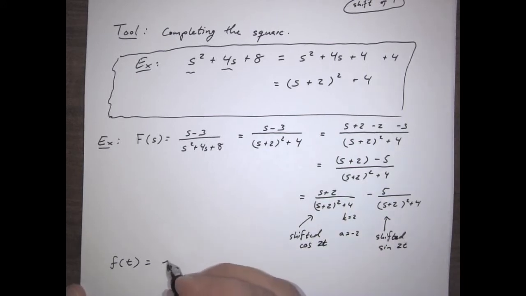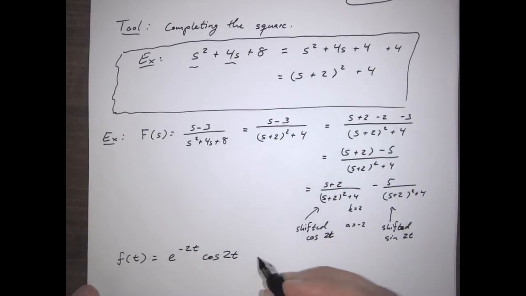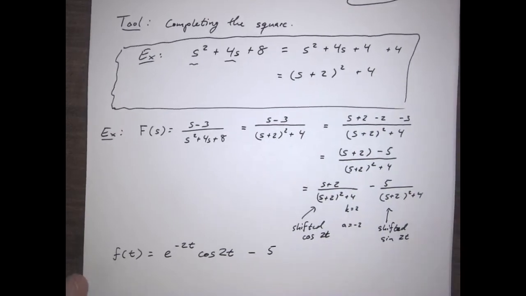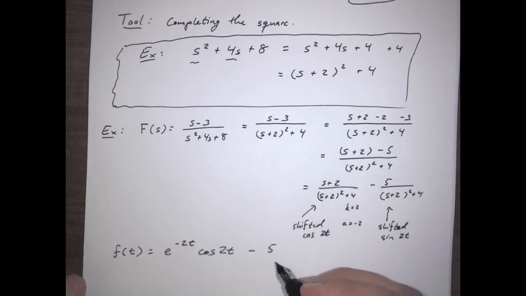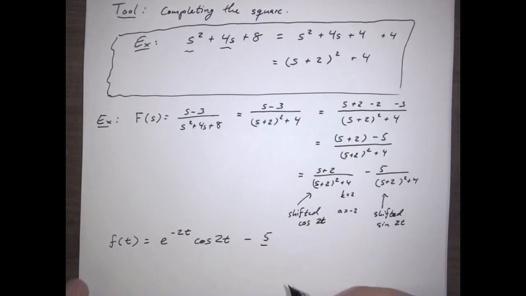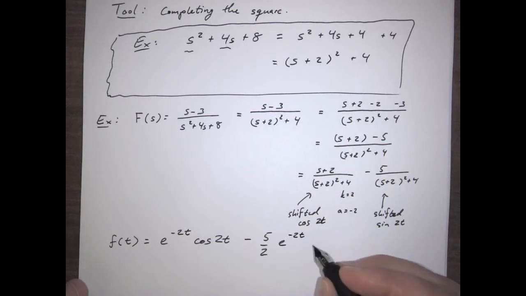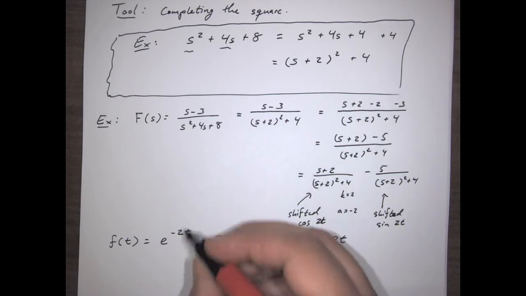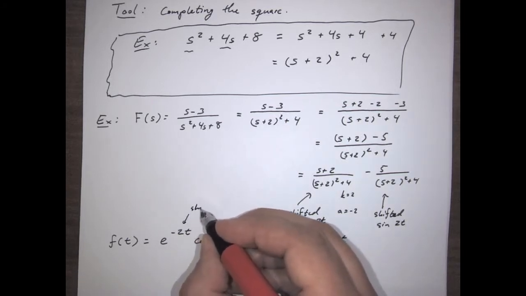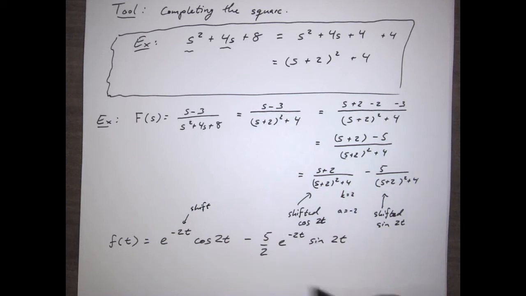So we're going to have e to the negative 2t cosine 2t minus 5, and then ordinarily sine would involve having a copy of k in the numerator, so it's going to be 5 halves, and it's shifted, so it's going to be e to the minus 2t sine 2t. So this is the shift, and that's the k.